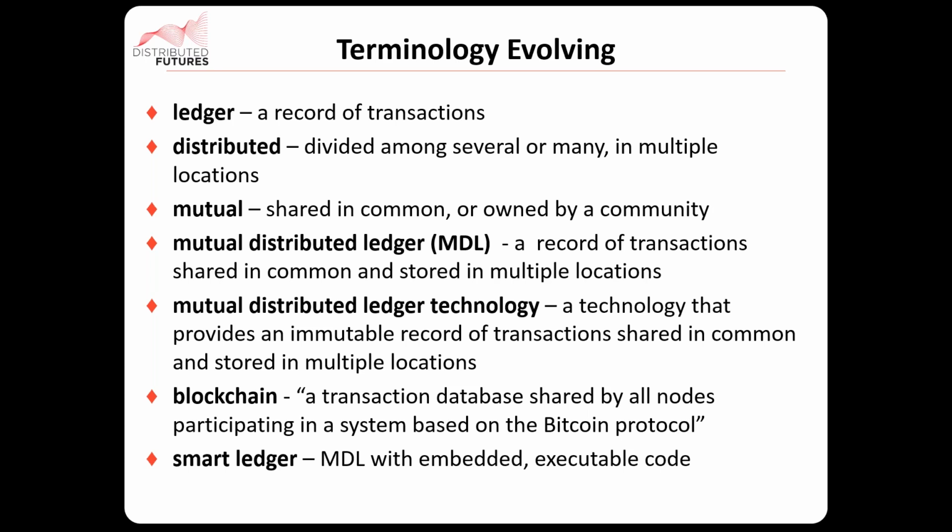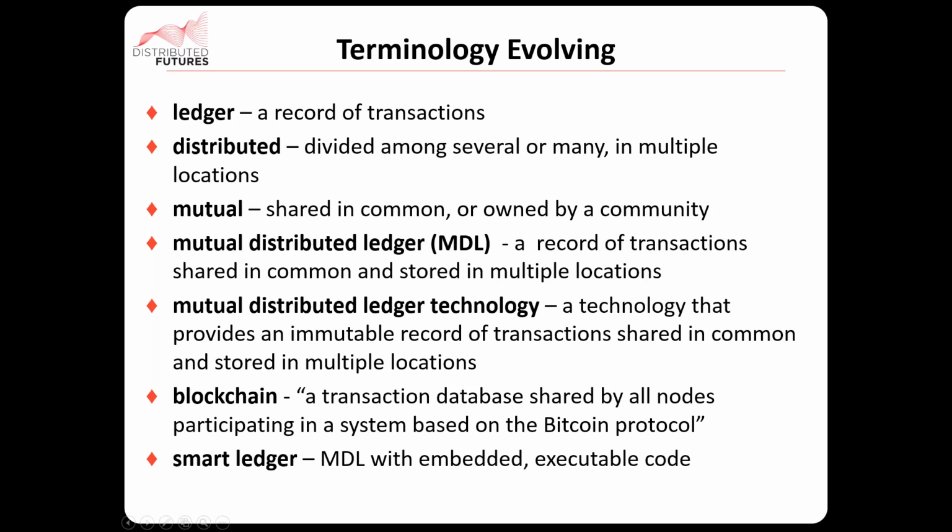With cryptocurrencies constantly in the news, you're probably all aware of the underlying technology, blockchain. We thought it would be useful to provide context in hopefully very simple terms. So a ledger is a record of transactions that becomes distributed, and then mutually distributed.